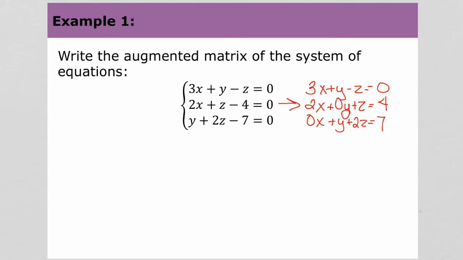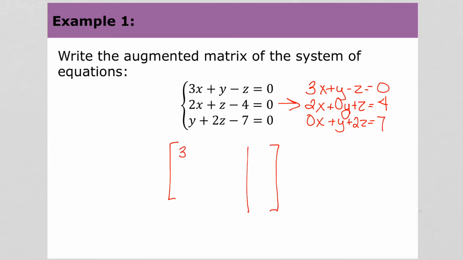So now it's all in the correct order, and what we do is we start our matrix with our brackets, and we put a line close to the end because we're going to put just the coefficients of each equation into this matrix, just the coefficients.